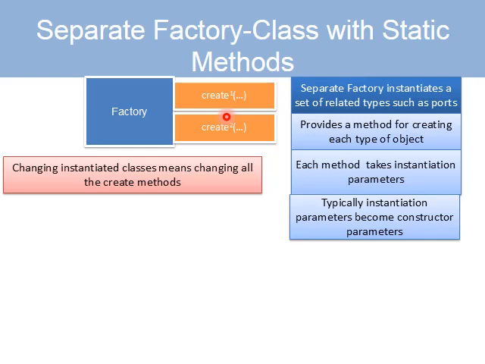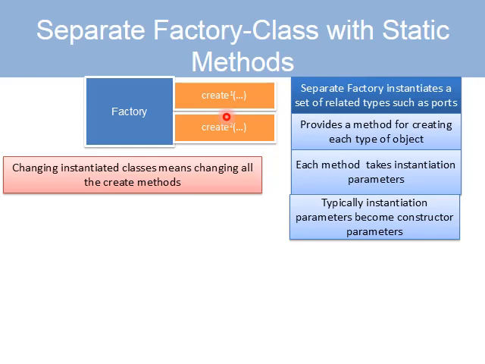These methods, do they need to be static or instance methods? Let me propose static methods here for now. Actually, the point I want to make can be made with both.